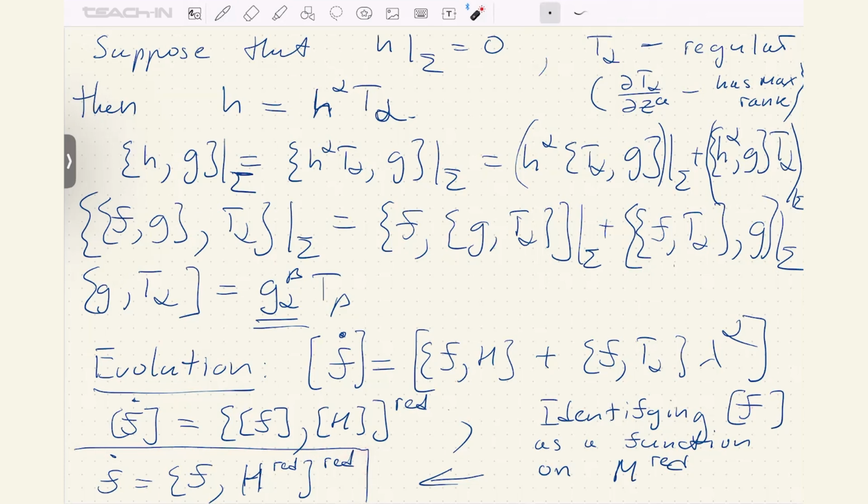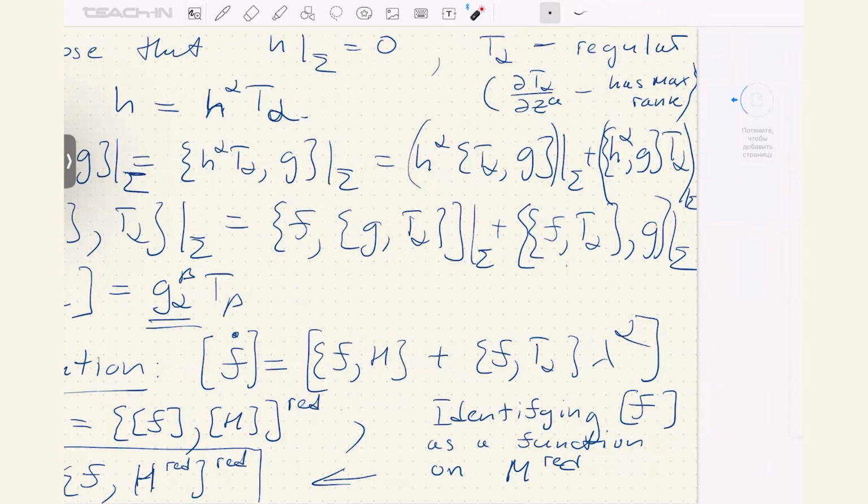So if we can explicitly go to the reduced phase space, then we meet just the usual Hamilton dynamics, which is determined by Hamiltonian H red, which is just the restriction of H to the constraint surfaces. Because H is observable, it can also be considered as a function on the reduced space, and we have a Poisson bracket there, so we get usual Hamiltonian dynamics.